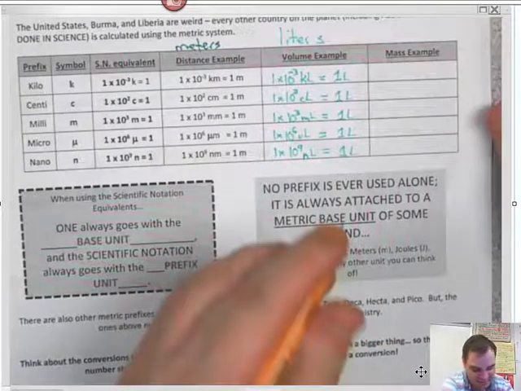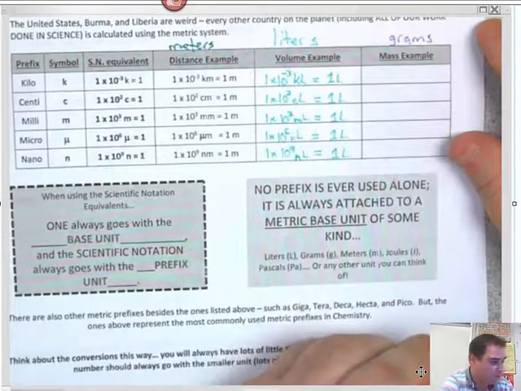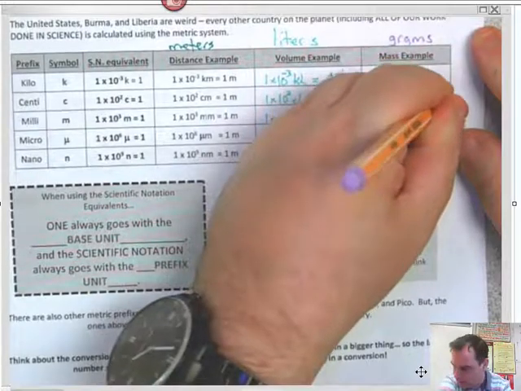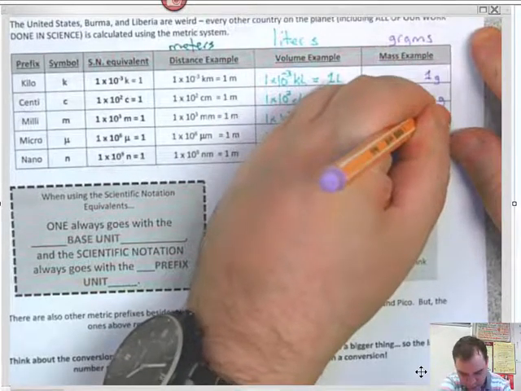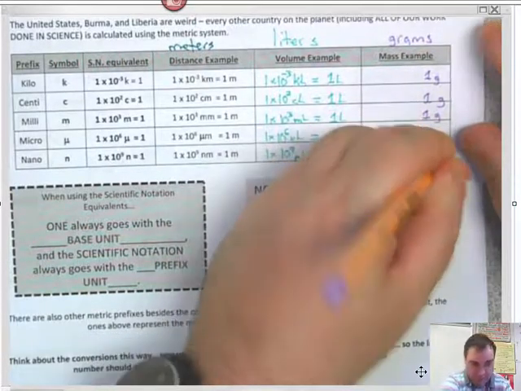When we're doing mass, mass is based off of grams. So you are going to see 1 gram, 1 gram, 1 gram, 1 gram, 1 gram.